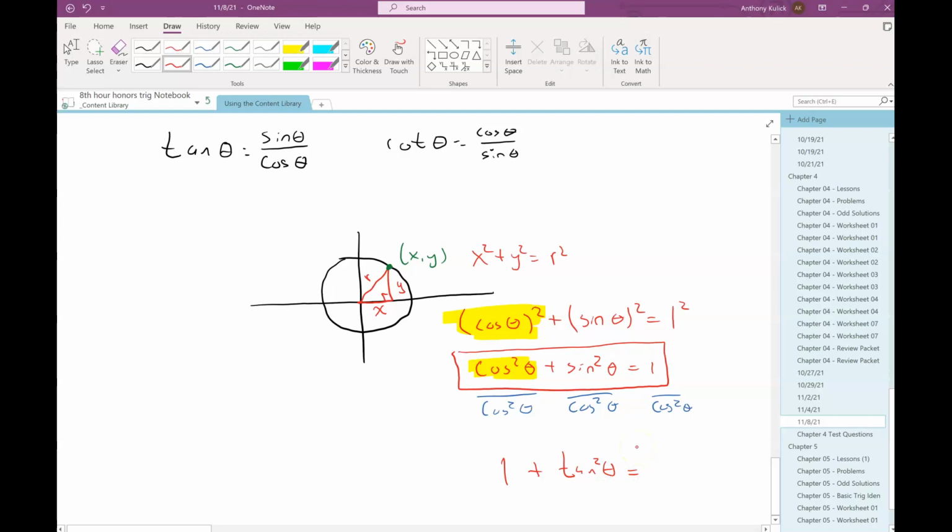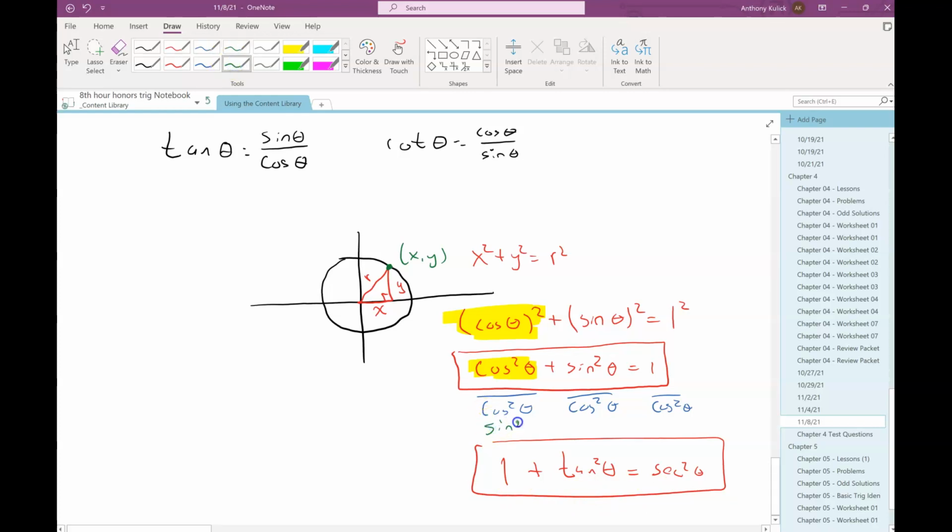Then we have 1 over cosine squared. Well, I know 1 over cosine is secant, so 1 over cosine squared is just going to be secant squared. Everybody's okay there?